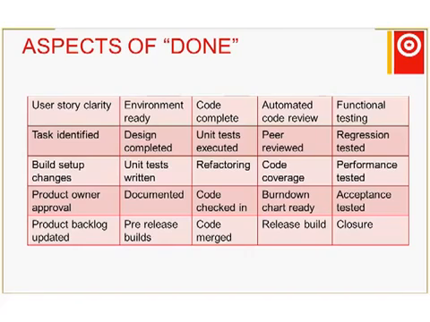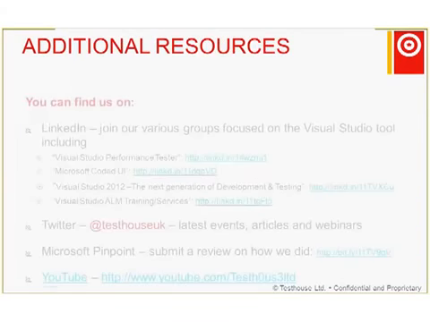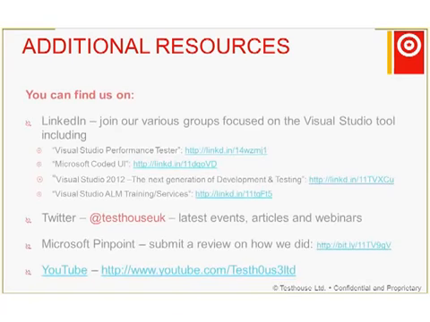And has all the testing been completed at the different levels? So done has many possible meanings. So that's the end of what I really wanted to talk about with Agile and Team Foundation Server.